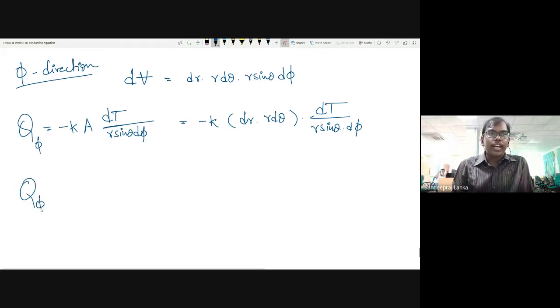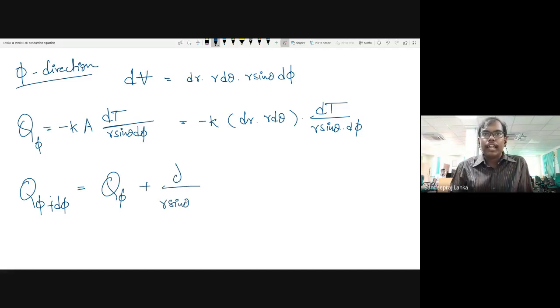Now q phi plus d phi is equal to q phi plus dou by dou phi into q phi into r sine theta into d phi.